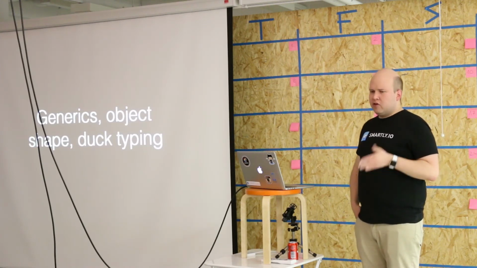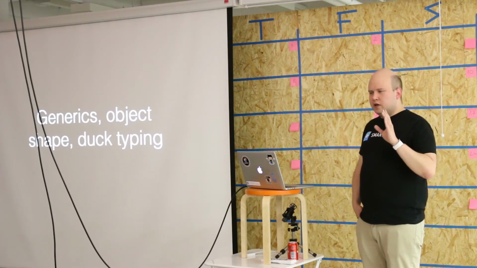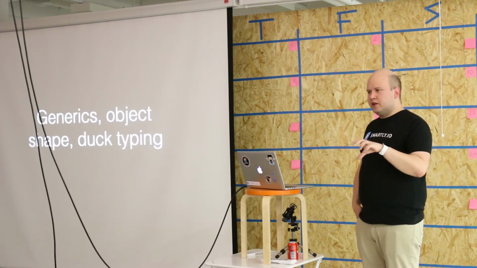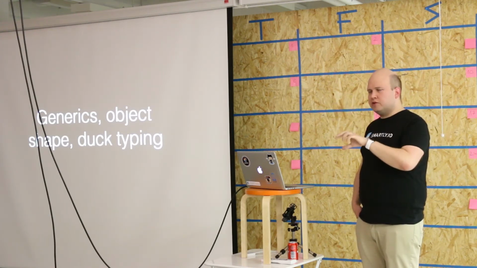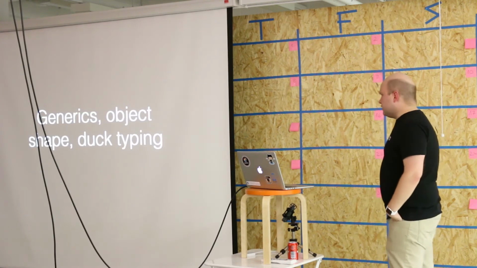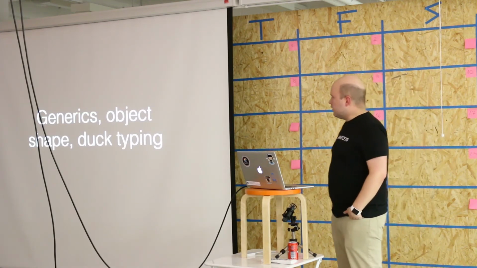So we have generics, similarly to many other languages, where you can specify, for example, that there's a type T that is both the type of the argument as well as the type of the return value, and things like that. So you can do that pretty flexibly.